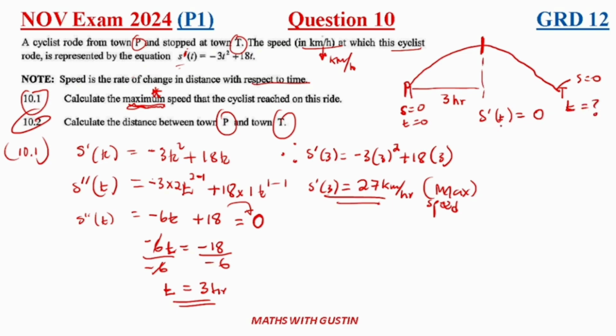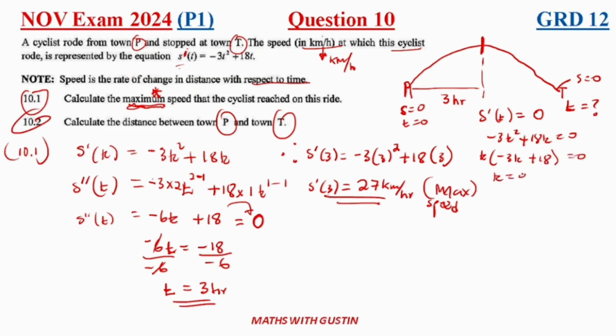So we're going to come here and say, negative 3t squared plus 18t is equal to 0. We remove a common factor of t, in this case negative 3t plus 18, close bracket, equals 0.